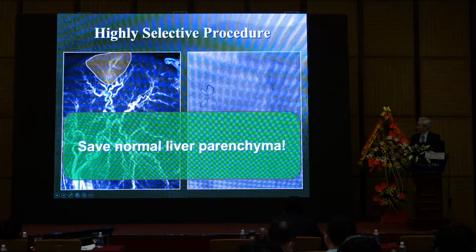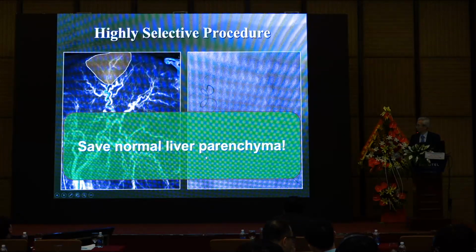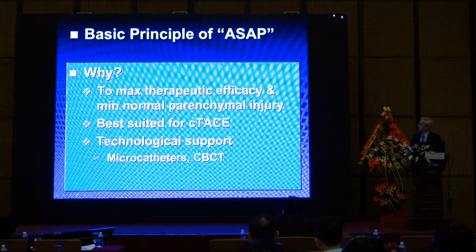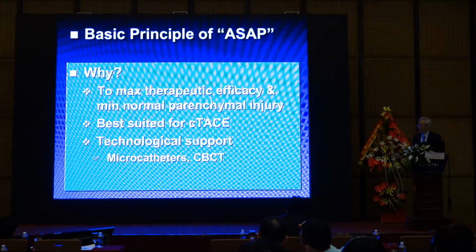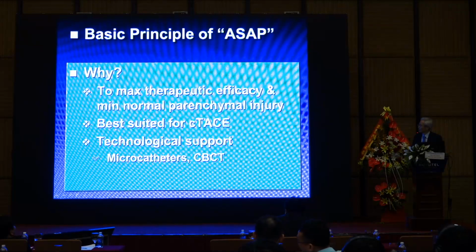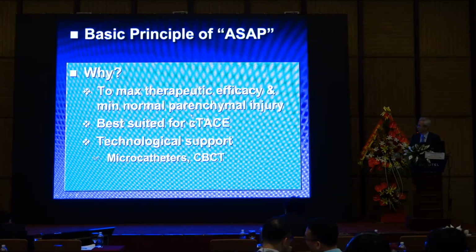So it is very important to save normal liver parenchyma as much as possible during your TACE procedure. So the number one basic principle of TACE is ASAP, not as soon as possible, but as selective as possible, in order to maximize therapeutic efficacy and to minimize normal parenchymal injury.